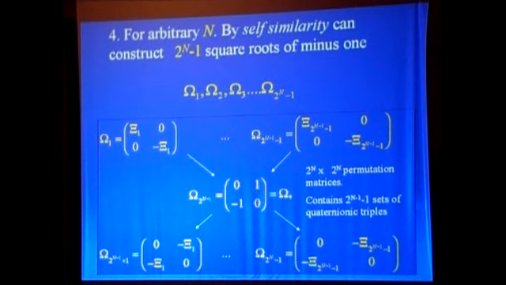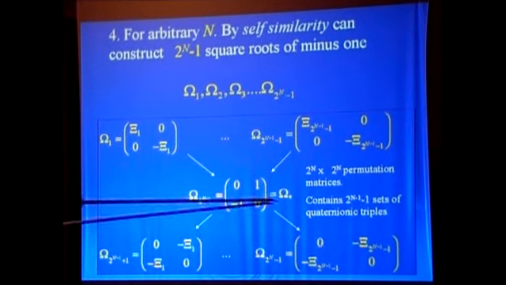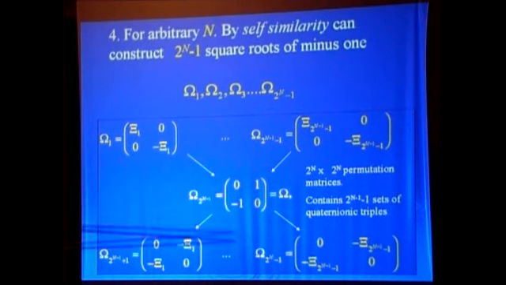And again, this is the whole fractal stuff coming in to some extent, where you can define 2 to the n minus 1 square roots of minus 1. And there are a number of these quaternionic triples embedded within them.